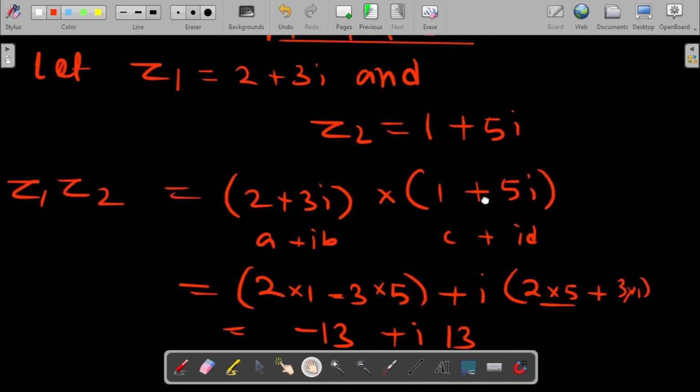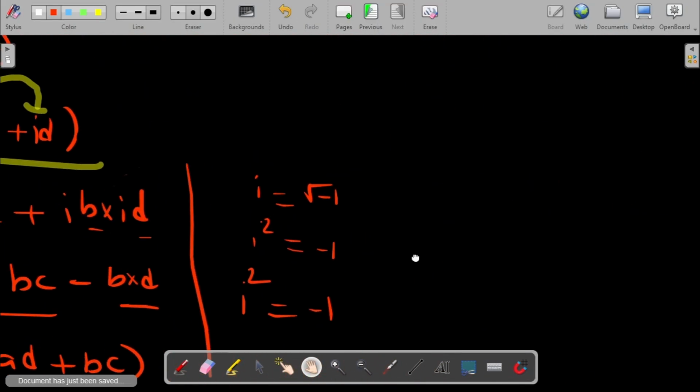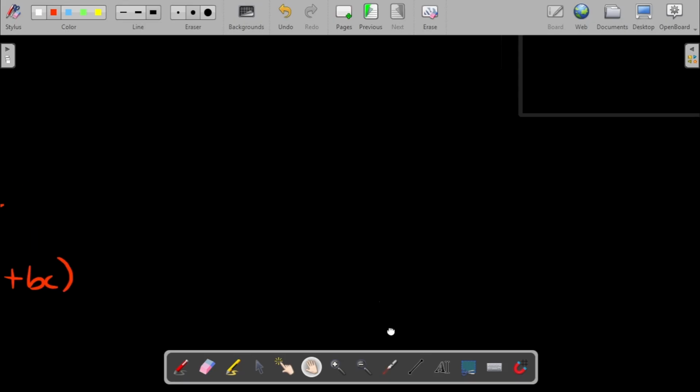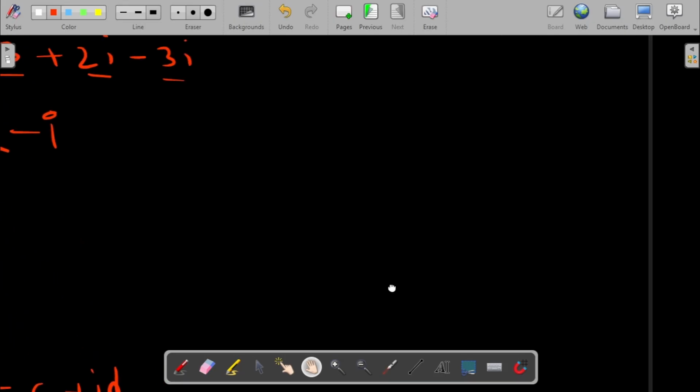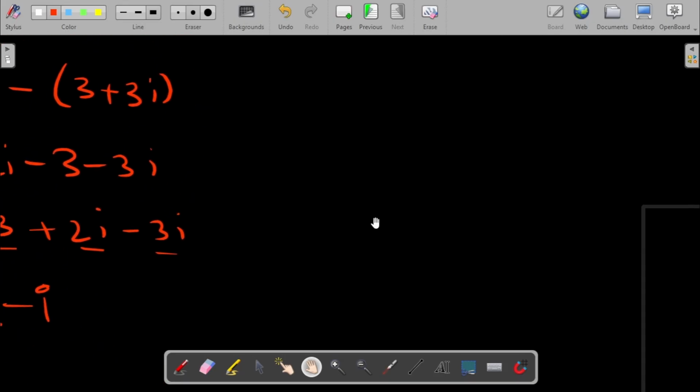So the set of complex numbers is closed under multiplication, and multiplication is commutative, and it also satisfies the associative law.